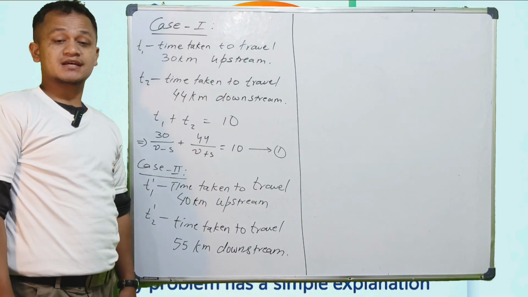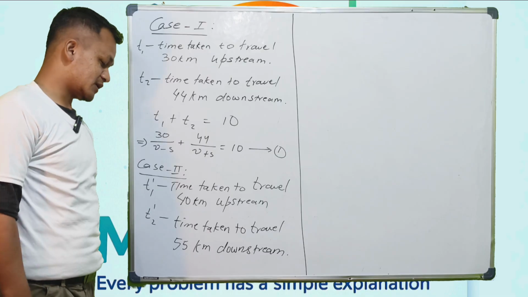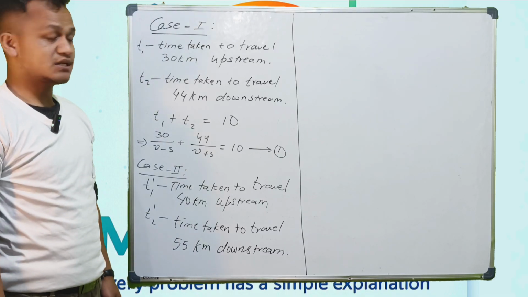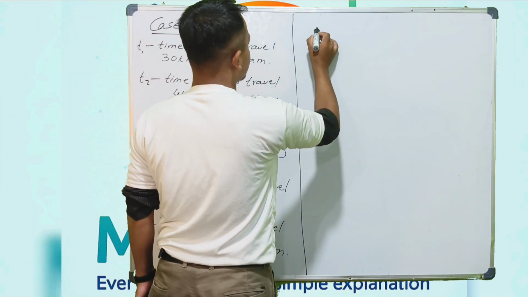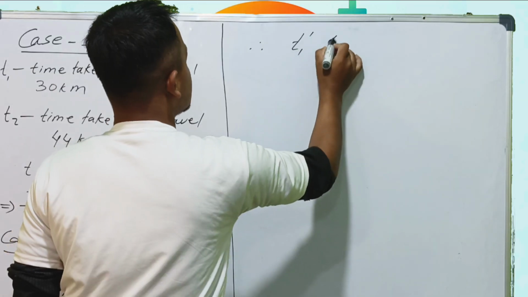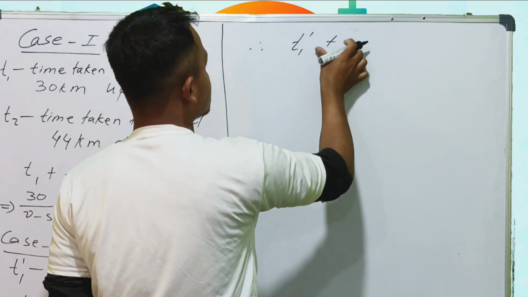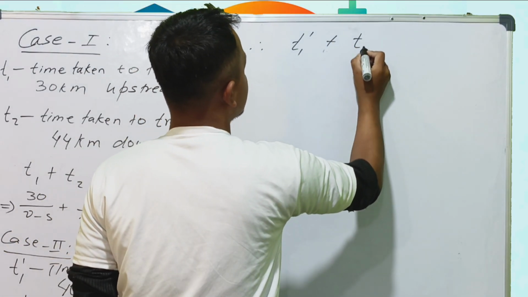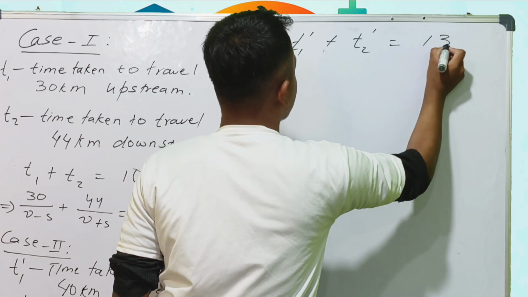Since it is given that the total time taken for upstream and downstream in the second case is 13 hours, therefore T1 dash plus T2 dash will be 13.